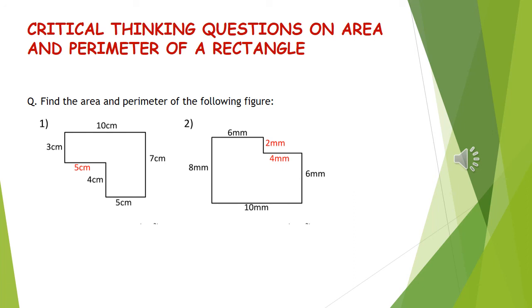I'm giving you a small hint: whatever figure is given, you have to draw some additional diagram inside the given figure, and segregate it into small units. So whatever shape you are getting, try to find out the area and perimeter of it.